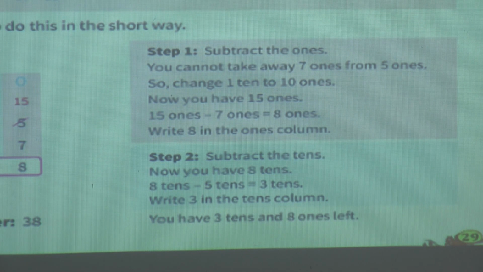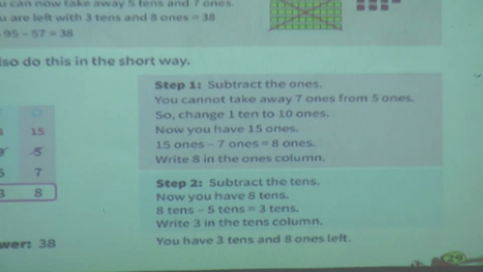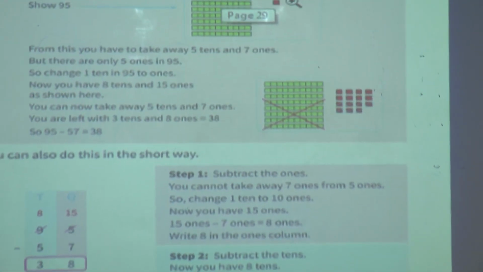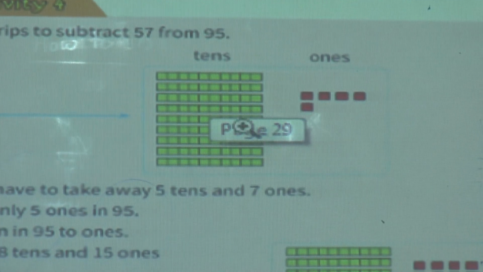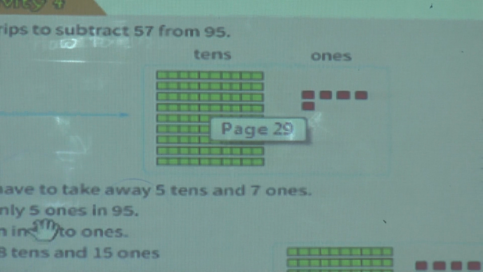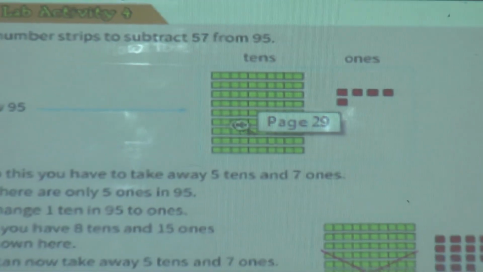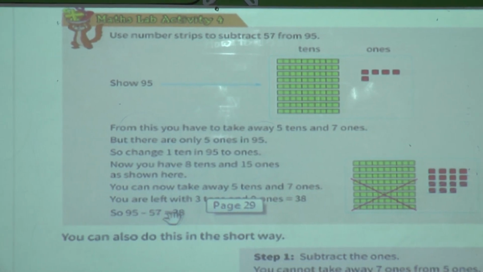Now see here, on the strip they have given, these are 9 tens and 5 ones, that is 95. They have shown you have to cut 57.